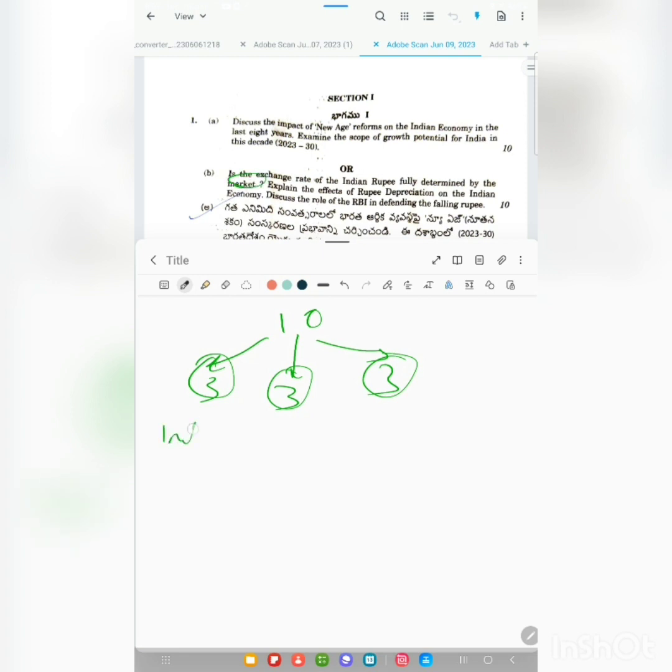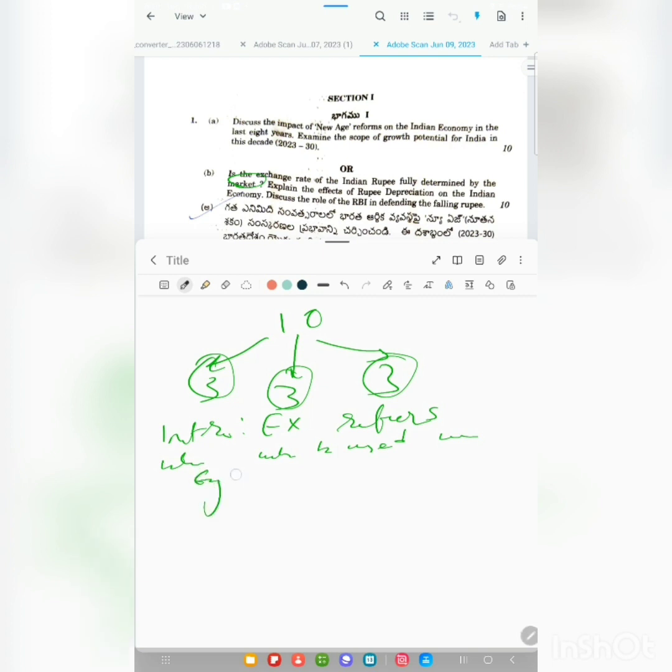This was the first question I wrote, so I was very enthusiastic and immediately started writing. I wrote the definition of what exchange rate means: how many units of domestic currency are needed to buy a universally accepted currency, like the dollar.